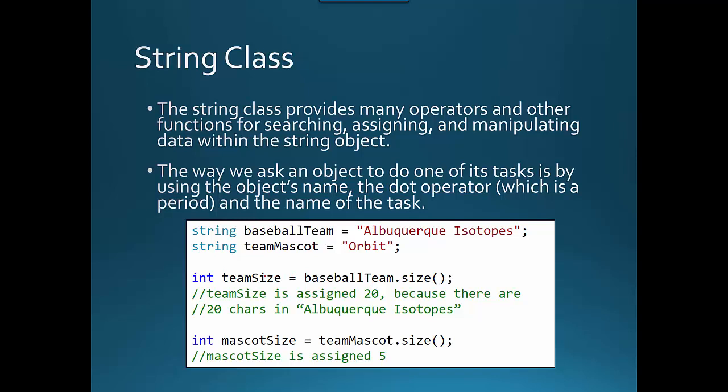So if you did this, size would return the number 20 because there's 20 characters in Albuquerque Isotopes. Don't forget the space. And then mascot dot size would be Orbit. That's 5 characters. So the value 5 would be assigned into here, and 20 would be assigned into team size.